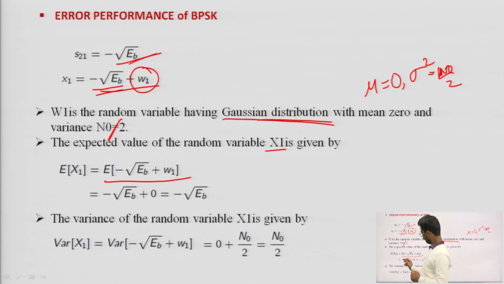That equals minus root Eb, since the expectation operation passes through, and root Eb is a constant, plus the expected value of W1.